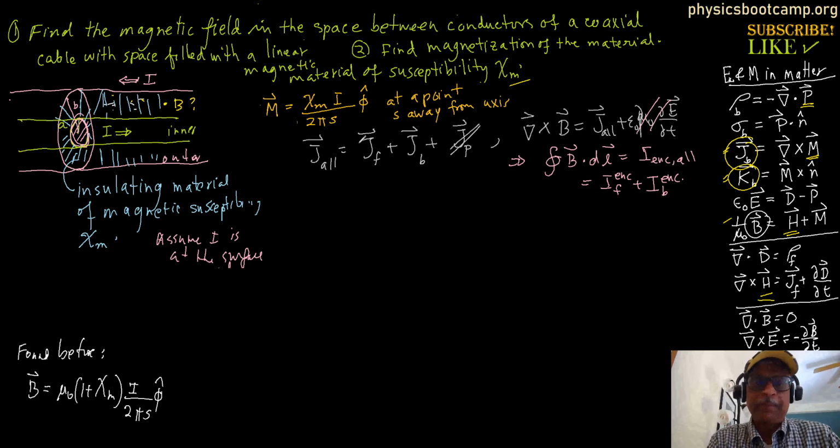So using this law, when you integrate it, you will find, in this case, of course, this is 0 because no polarization. So we just have to find the enclosed current.